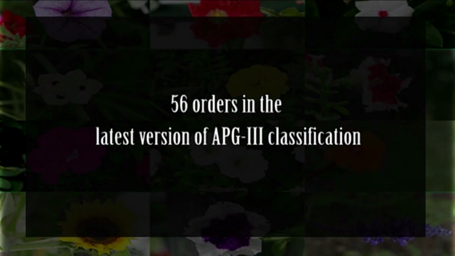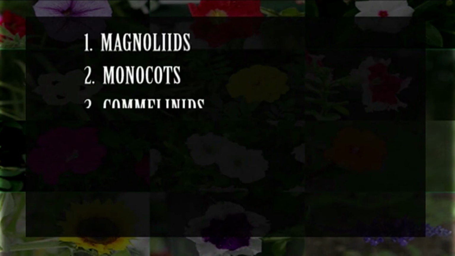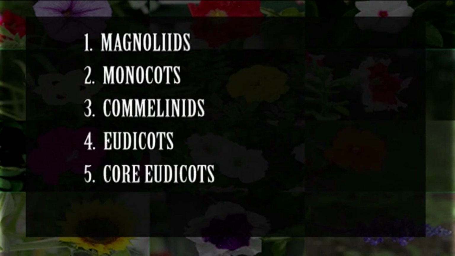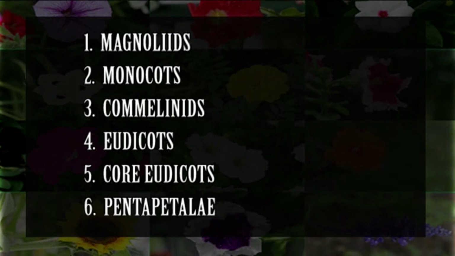These informal clades include: first, the magnoliids; second, monocots; third, commelinids; fourth, eudicots; fifth, core eudicots; sixth, Pentapetalae; seventh, fabids, or sometimes called rosids first.